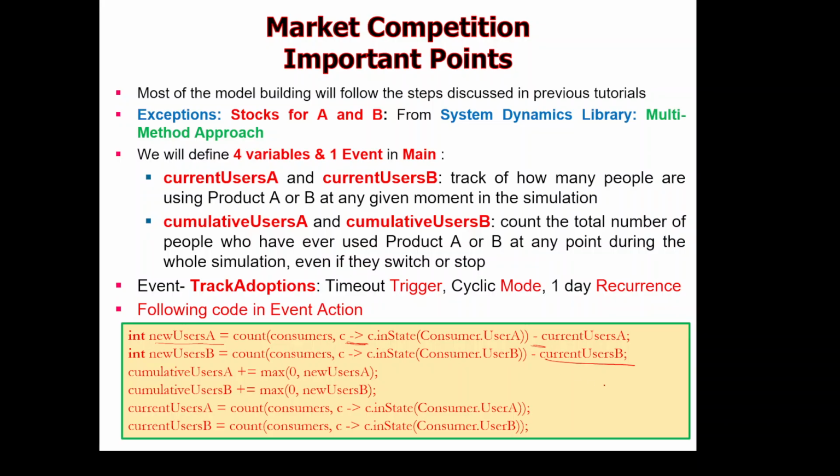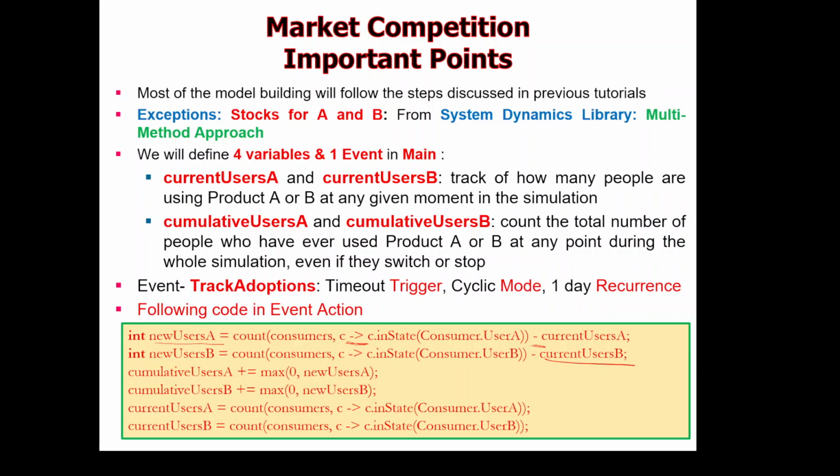So once we know the new users, we are going to do a cumulative. So cumulative user A plus equal to max, basically what it is doing is updating the cumulative user A, and we want to make sure that it does not go down, so we are using the max formula.